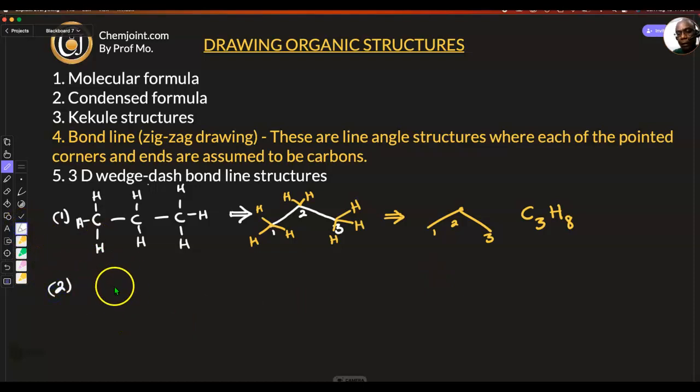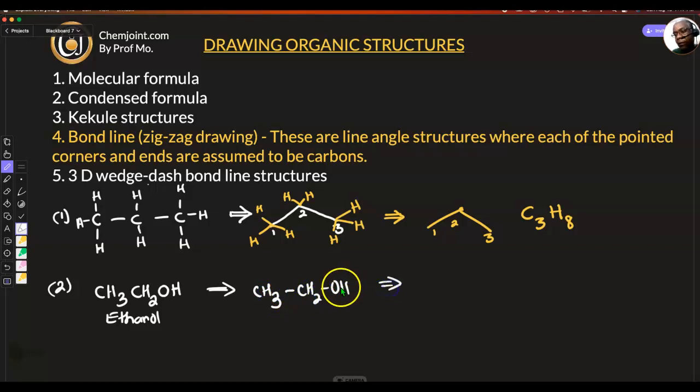Let's do one that has hydrogens on other elements. So like this molecule, which happens to be beer. Okay, so again, connectivity is like that, and I can translate this.